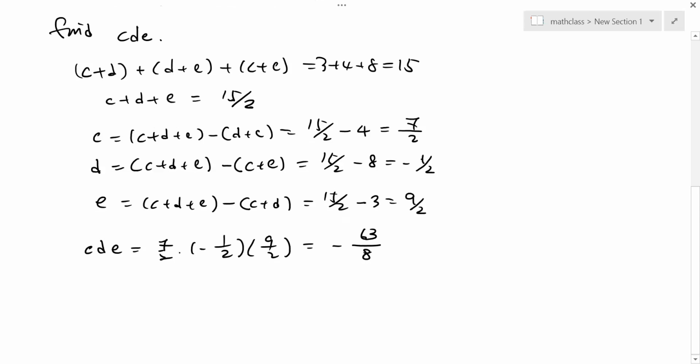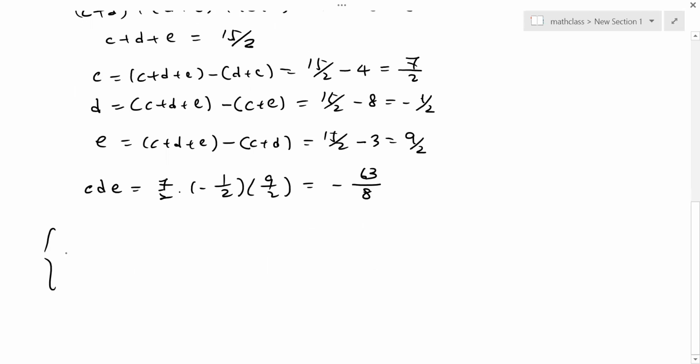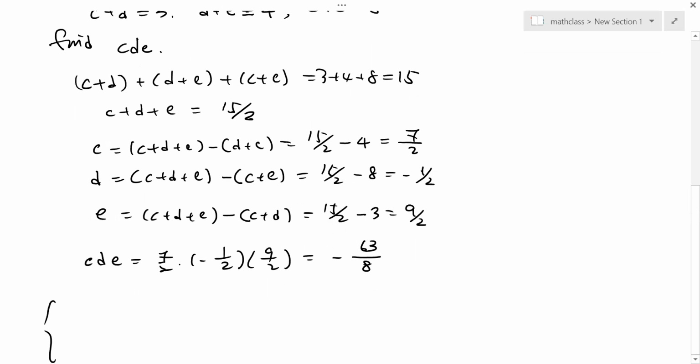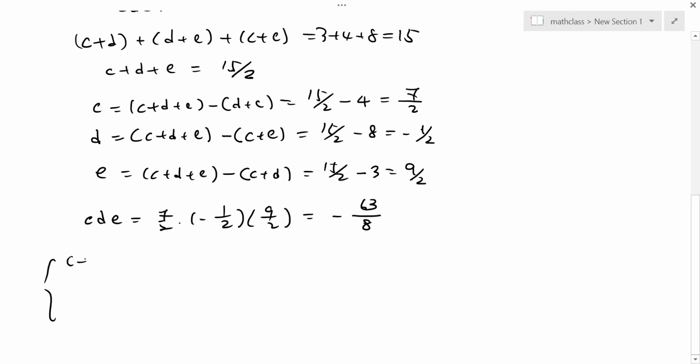For example, let's really try this general standard method. Okay. So we have c plus d equals 3, d plus e equals 4, c plus e equals 8. It's equation 1, equation 2, equation 3. Okay.